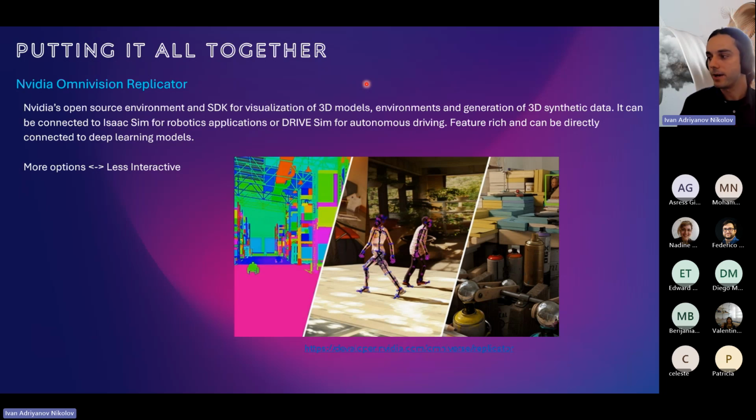But nowadays, they've branched to everything from open world synthetic data to visualizations for, let's say, home automation, for assistive robotics, for self-driving cars, and so on. It is very powerful. It's free. It's not open source. It's C++ powered, which also makes it a little bit faster than Unreal and Unity.